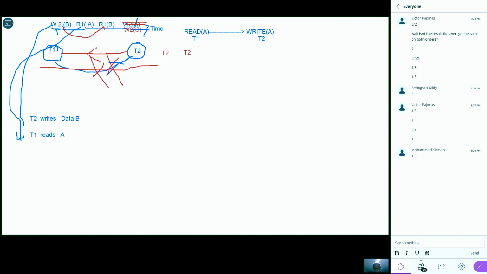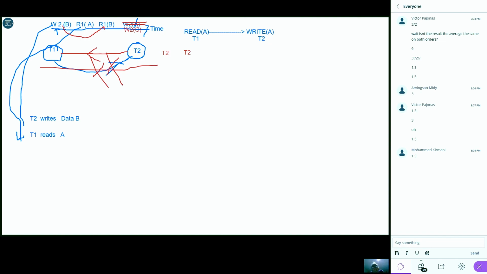W1(B); then we have R2B; W2C; R3C; and then W3A; and a semicolon. This is right on your handout.